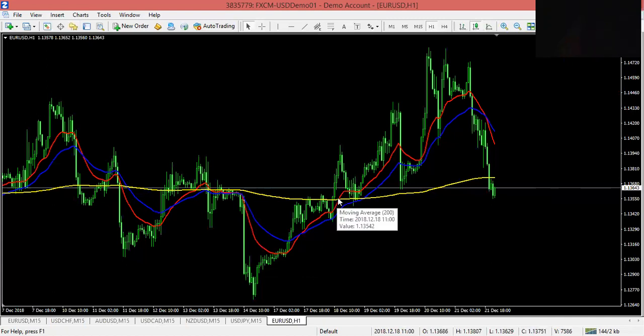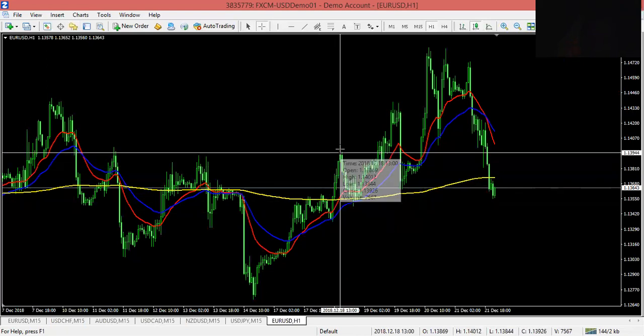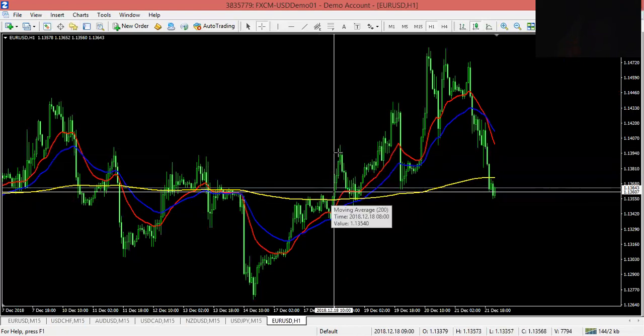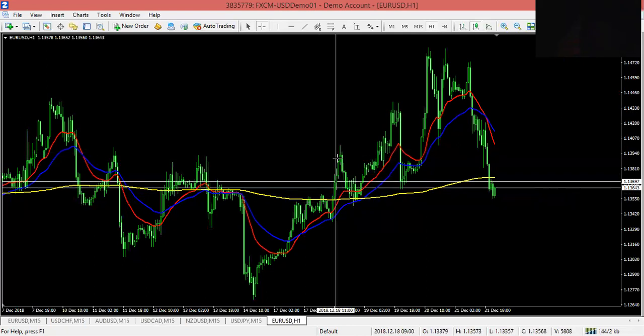So the moment you can see red crossed here, then blue crossed here. Now after these two crosses, then I can confirm that okay, I'm bullish. Now this is what I'm saying. You can see here, the candlestick crossed above this yellow.